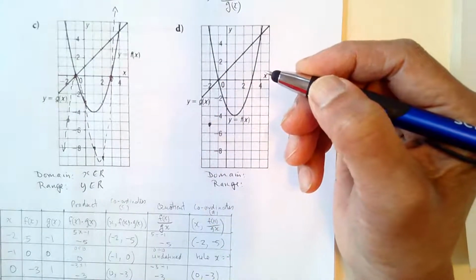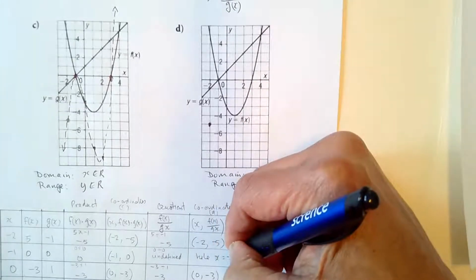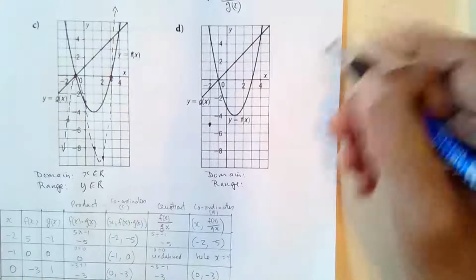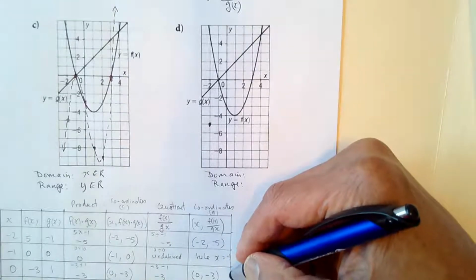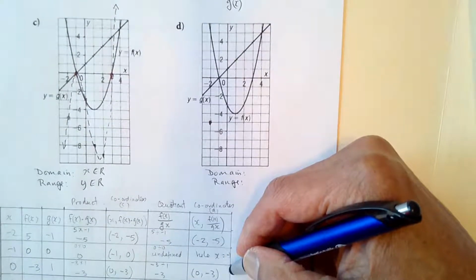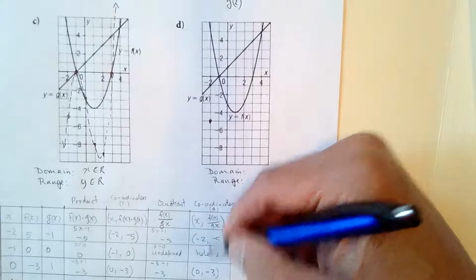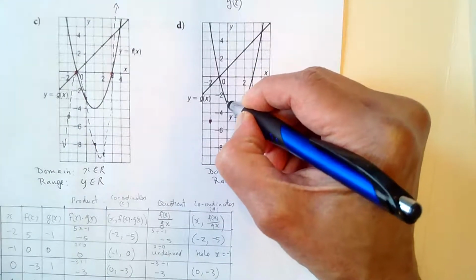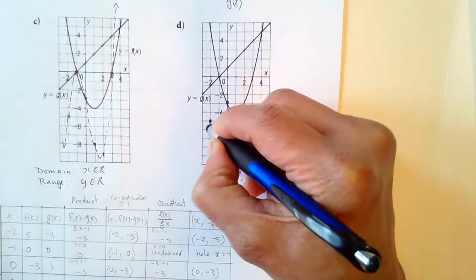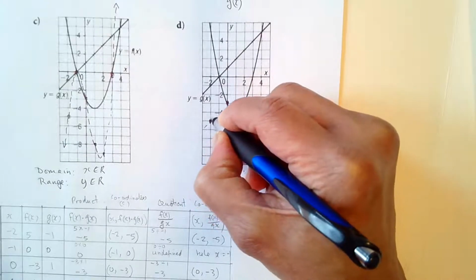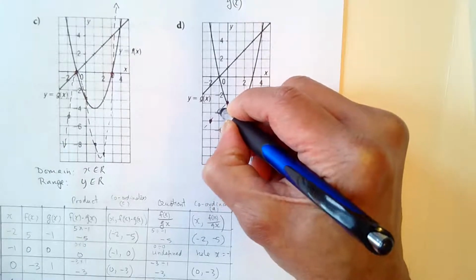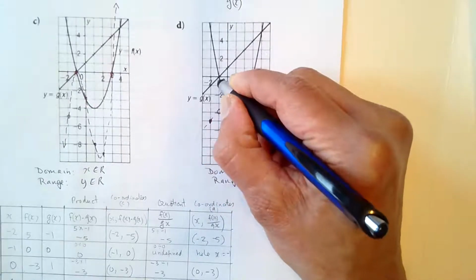Now the next one is a hole where x equals -1. So we leave that for now and we plot the other points to see what pattern there is. So 0, -3, which would be here. So this would be my hole right there, where x equals -1.